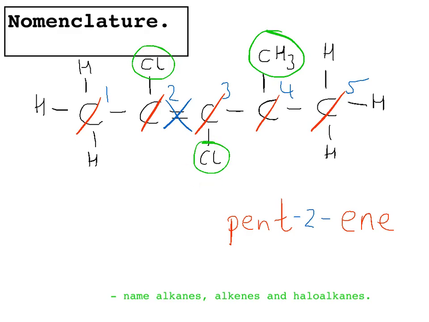So we call this 2,3-dichloro, and then we put the methyl group, 4-methyl-pentene. 2,3-dichloro, 4-methyl-pentene. Normally that would all be on one line, but I just couldn't fit it in this case. Notice that there are commas between numbers and there are dashes between numbers and letters, and that's always the case.